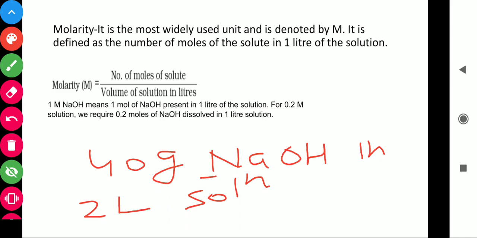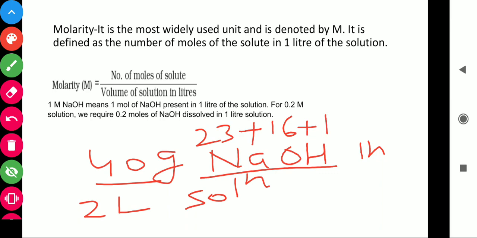First we will calculate the molar mass of NaOH. This is the given mass; to calculate the moles, we need its molar mass. 23 plus 16 plus 1, and when we add, it will be 40 gram.